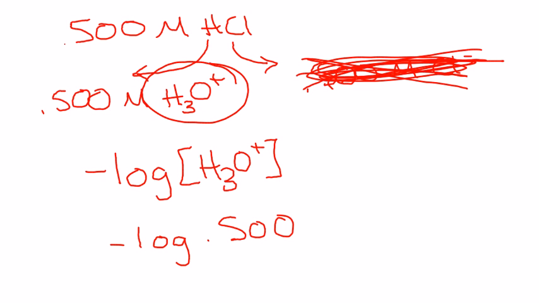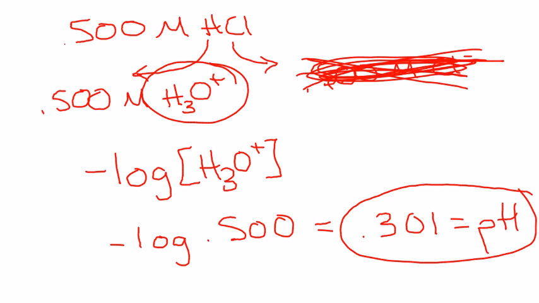If you punch that in your calculator, you should get 0.301 with sig figs equals our pH. So that's your answer to number 1. Common mistake on that one is just simply to overthink it. Your answer there should be 0.301 equals our pH. Because it's a strong acid, it's going to completely dissociate.